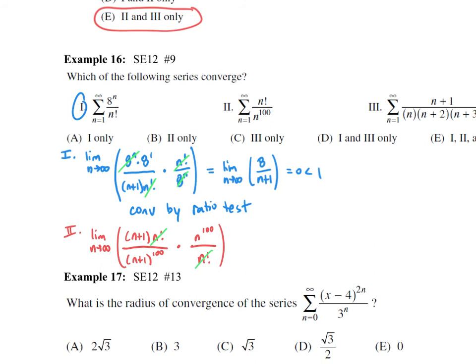Now, this one's a little bit more interesting because when you take the limit as n goes to infinity, n to the 100 divided by n plus 1 to the 100 is really going to cancel to 1.